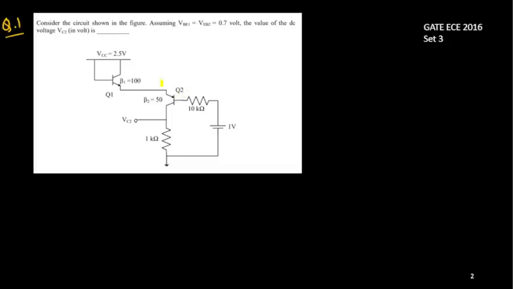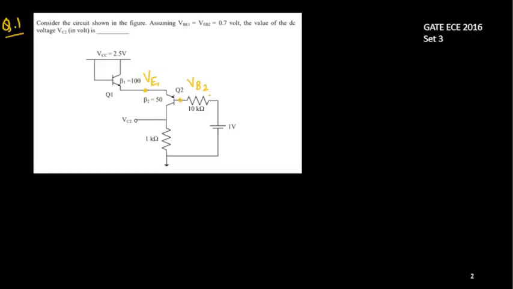Now this potential I'll call VE1, the emitter of the first transistor, and this potential I'll call VB2, the base potential of Q2.